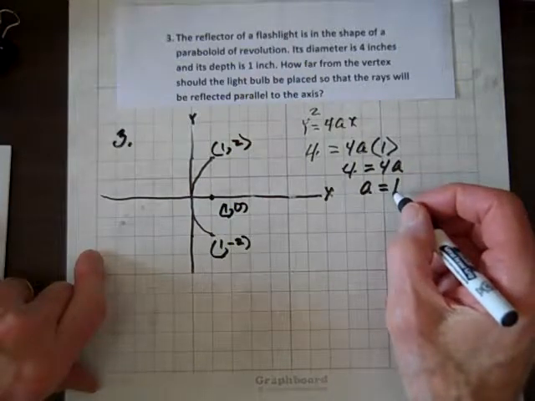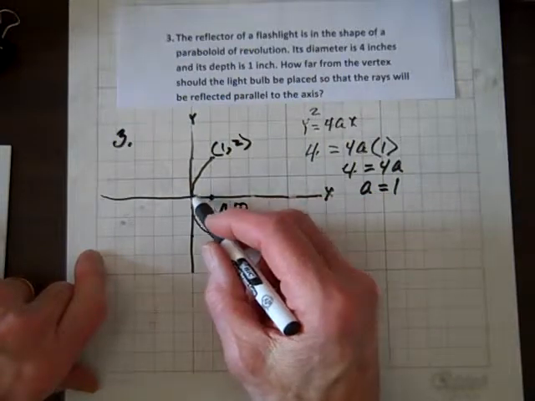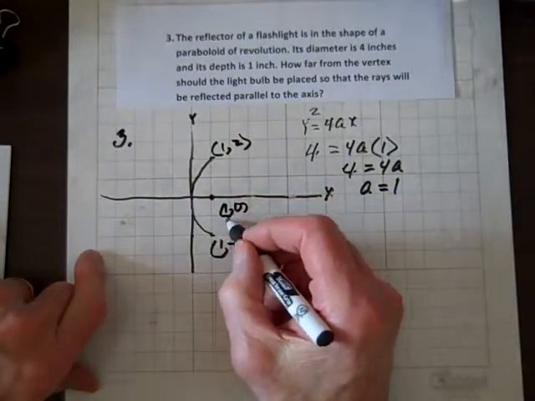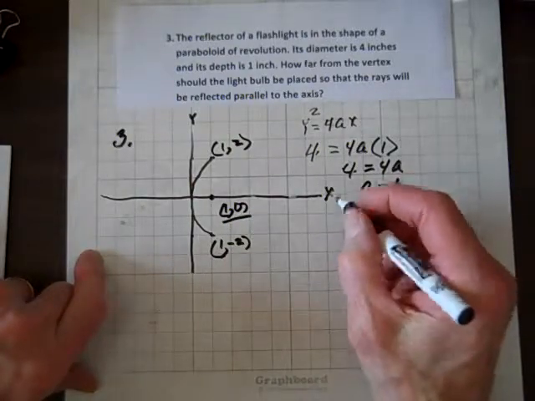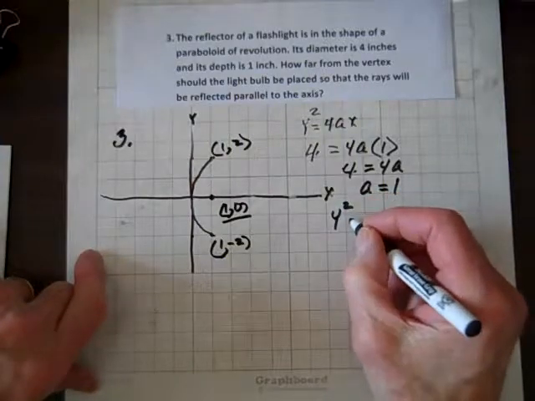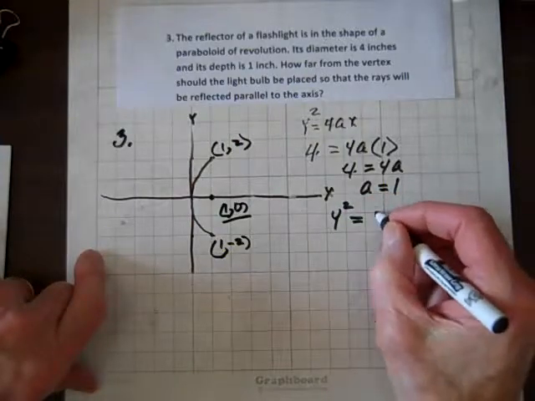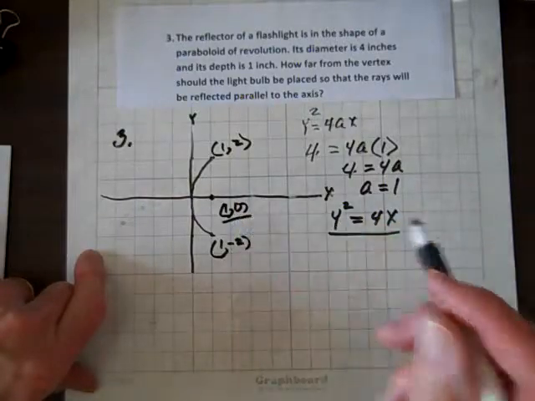So the focus is 1 unit away from the vertex. So we have the focus labeled right there. Furthermore, we can say the equation of this curve, although they didn't ask for it, is y squared equals 4x. But the focus is at 1, 0.